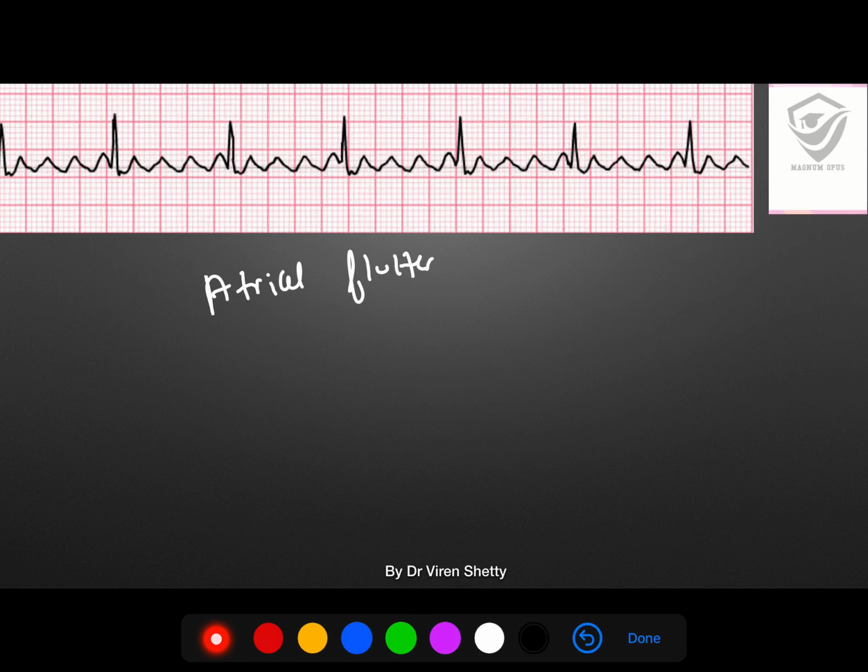The next diagnosis on your screen is called atrial flutter. First we'll talk about the most characteristic feature of atrial flutter, which is known as the sawtooth appearance seen in atrial flutter. So why is atrial flutter caused?